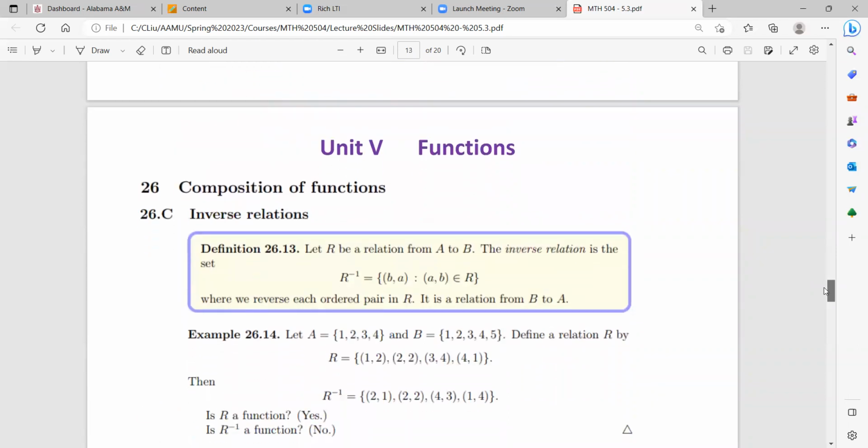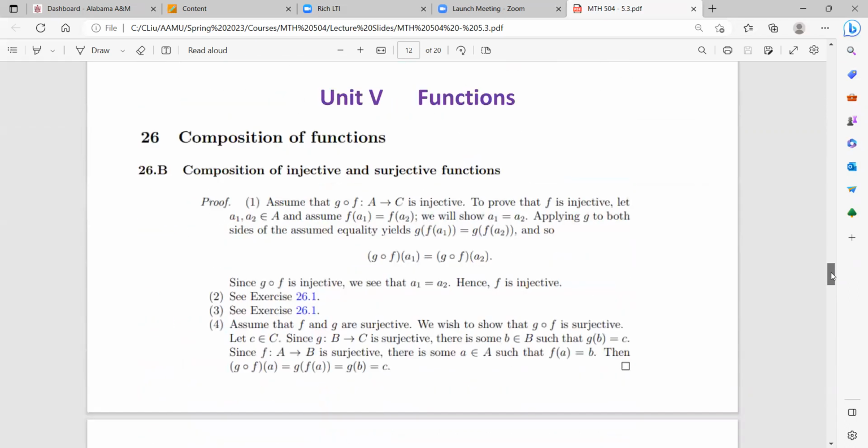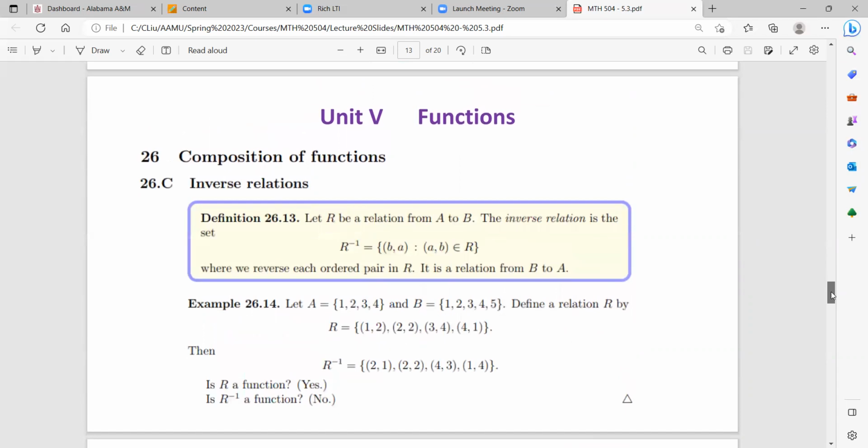All right, so that's another thing about composition. The next thing we want to talk about is the inverse relations, and then inverse functions. The inverse relations are pretty simple. You remember, a relation is just all the pairs from one set to another.